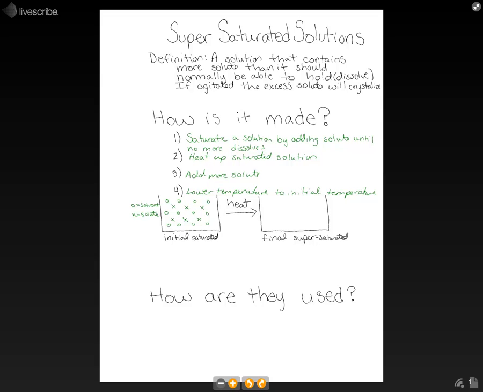With heating, though, those solvent particles can spread out more. Because they have more energy, that's why they spread out. So, because of this, we can fit more solute particles in more than just those centers.